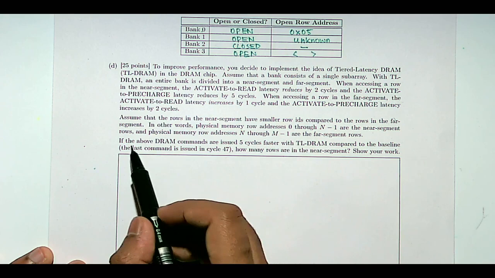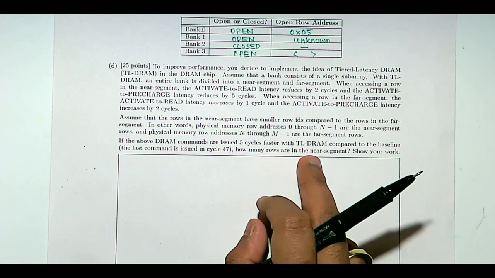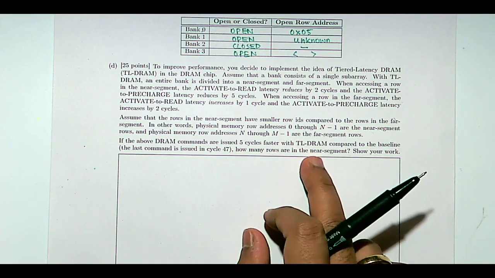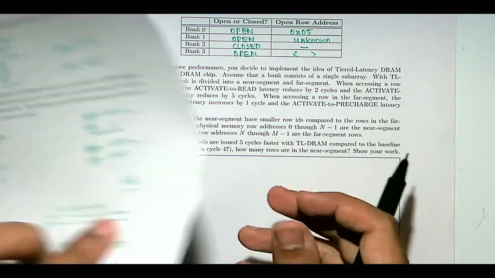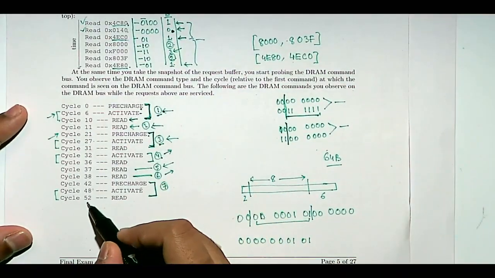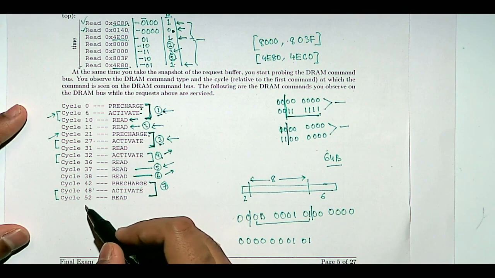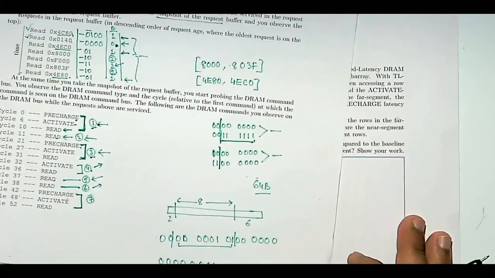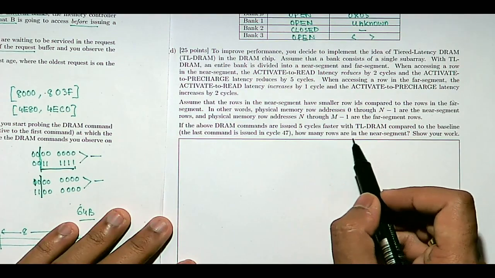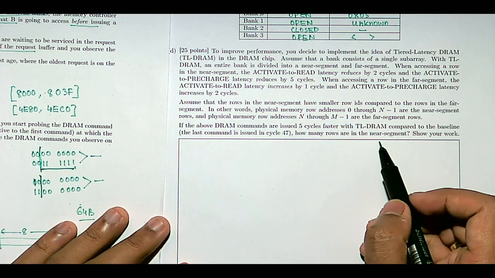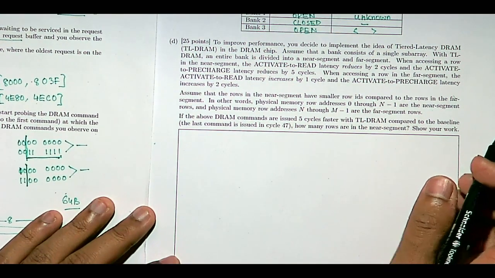Now the question is, if the above DRAM commands are issued 5 cycles faster with this DRAM as compared to the baseline, so previously it ended in 52, now what if it actually ends in 47? Then how many rows do you have in the near segment? That's a very neat reverse engineering.